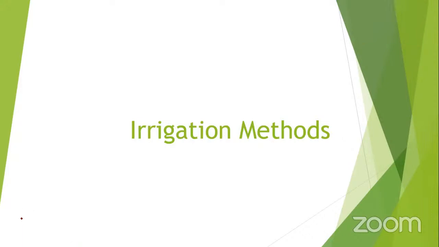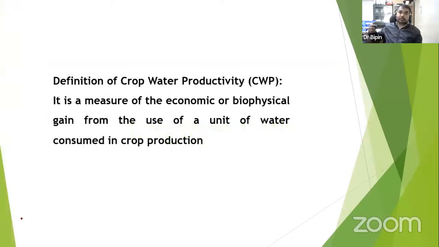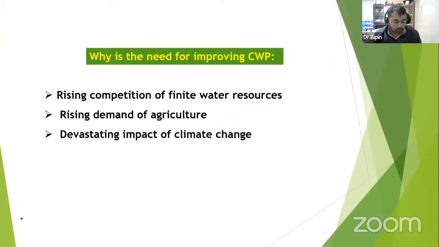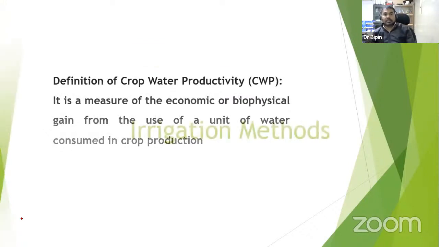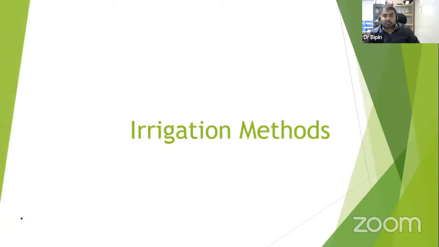So this is the irrigation method, and why is the irrigation method important? Because basically we want to improve our crop water productivity.